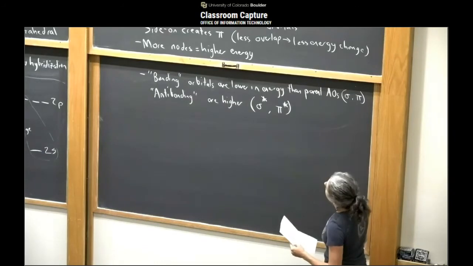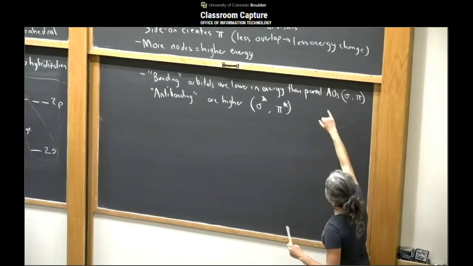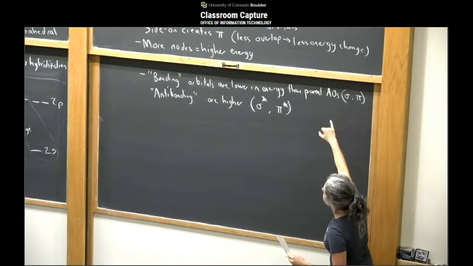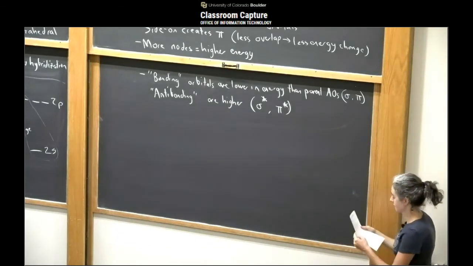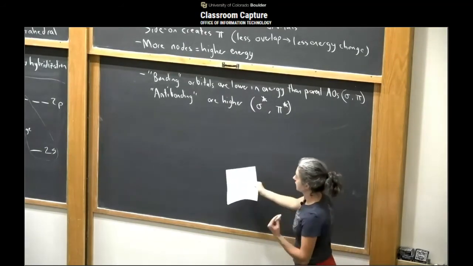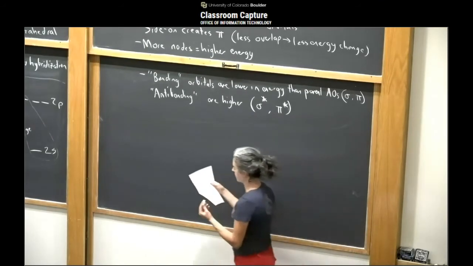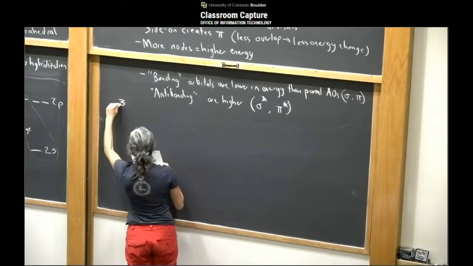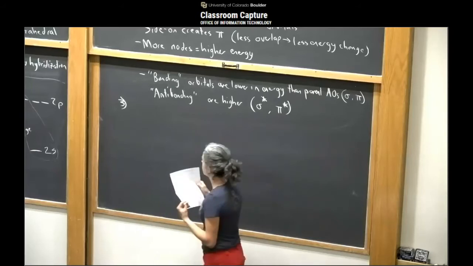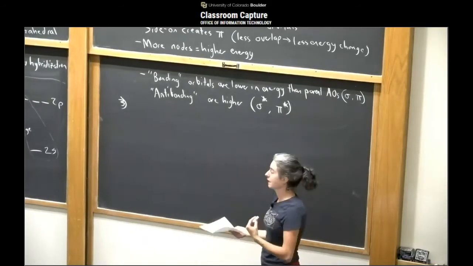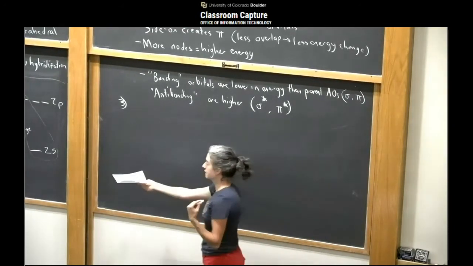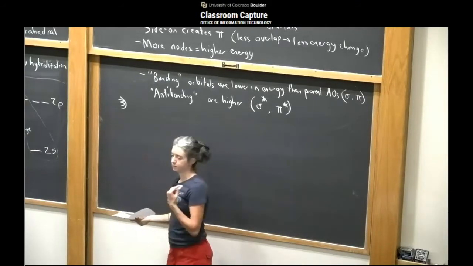So again, this is a whole lot of mumbo jumbo right now. Once we start applying this in an example, it'll make more sense. But just a couple more things we've got to talk about before we get going. Once we have our MOs generated, we can start filling them in exactly the same way that we did for our atomic orbitals, like the Aufbau principle and Hund's rule.